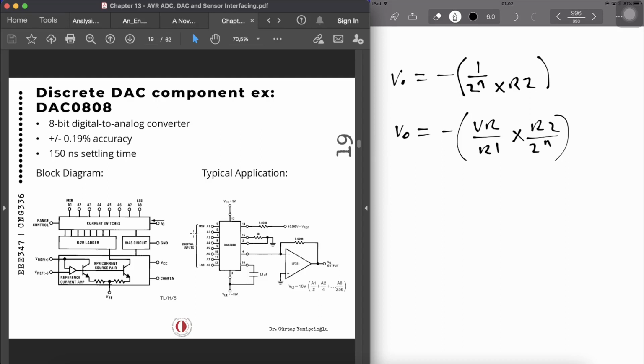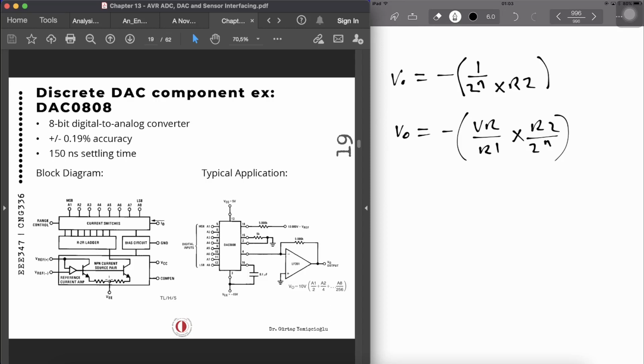In this case, for example, it has an 8-bit digital to analog converter with 150 nanoseconds settling time. That means we have to wait 150 nanoseconds to get a reliable output. Typically there's DC bias circuitry in there, an R2R ladder, current switching, and so on, and a negative feedback amplifier, as I already described. So this is a discrete component that you can buy and use.